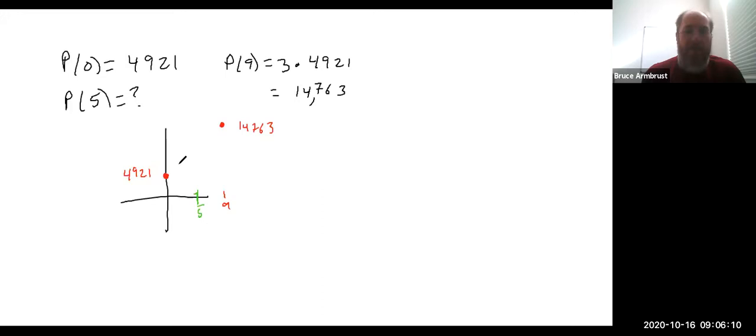Well, if this is all the information we have, what we can do is another linear equation. We can actually just connect the dots on these, use that line, and then run up here at t equals 5.